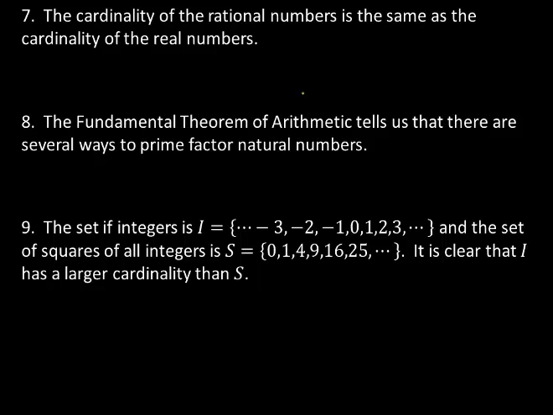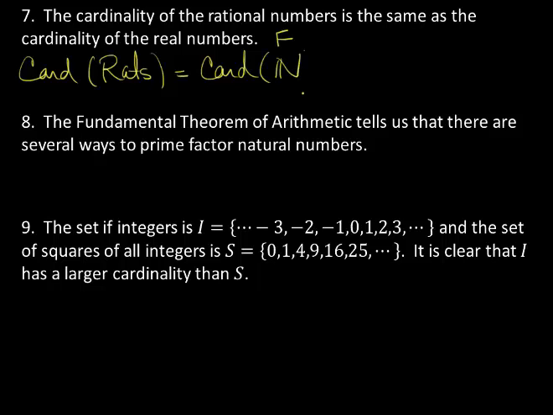Number 7, the cardinality of the rational numbers is the same as the cardinality of the real numbers. This is false, and the reason why is that we know that the cardinality of the rationals is equal to the cardinality of N. We found a way to list all of the rational numbers, and you found another way on your homework when you did the problem in the book using that grid.